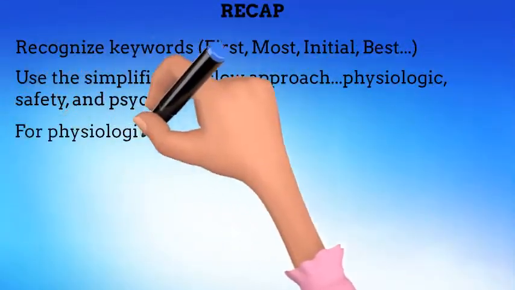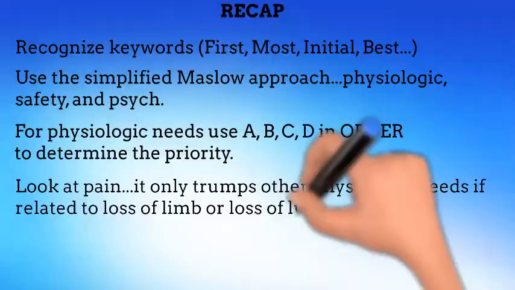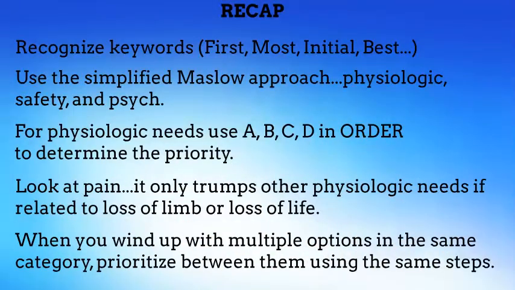And now for a quick recap. Look for the keywords that will give you a hint that this is a priority question. And remember, on the NCLEX, they will be bolded. Once you have determined that you are looking at a priority question, use the simplified Maslow approach, breaking the triangle down into just 3 segments: physiological, safety, and psychological. When you're looking at the physiologic needs to prioritize answer items, use A, B, C, D in order.